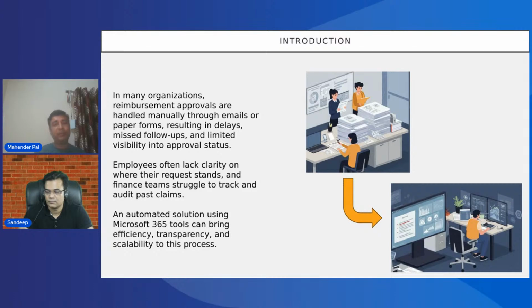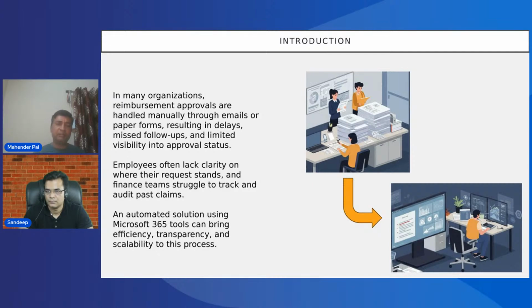And when we are talking about doing this process manually, it means that the physical form, or the email you are sending or passing to the next person, may take some time, right? And you need to wait for that. Then passing that information from one person to another can again take time, right?